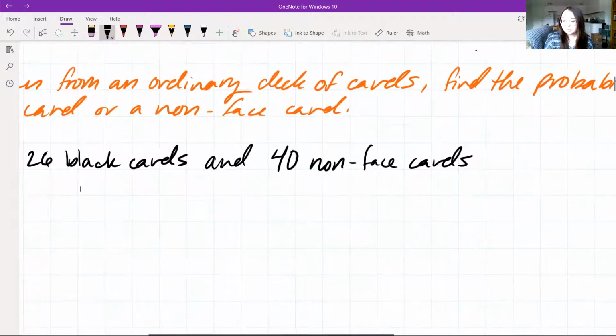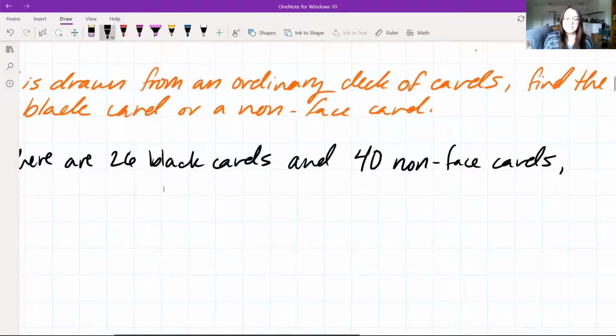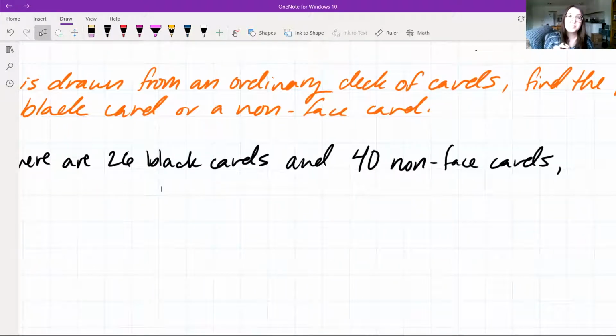Of the 26 black cards, that's 2 black suits of 13, and each of these suits has 3 face cards. That means there are 6 face cards in the entirety of the 26 black cards.